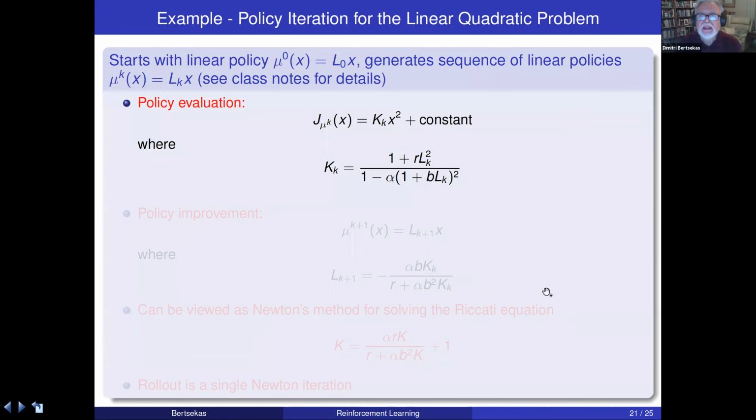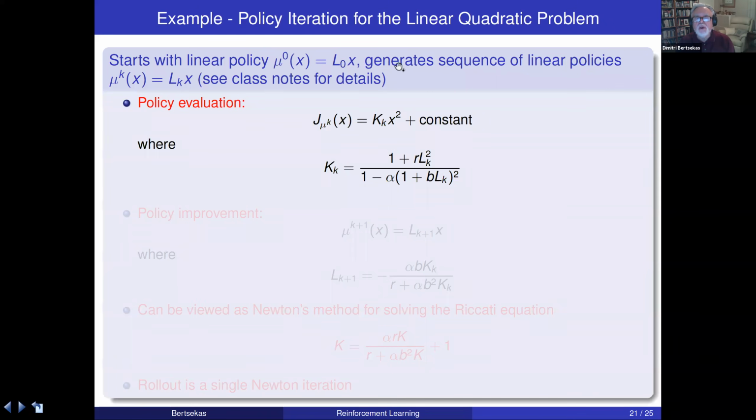Okay, now let's consider again the linear quadratic one-dimensional example, and look at policy iteration. In policy iteration, we start with a policy and we generate a sequence of policies. In this example, we start with a linear policy involving a coefficient L0.